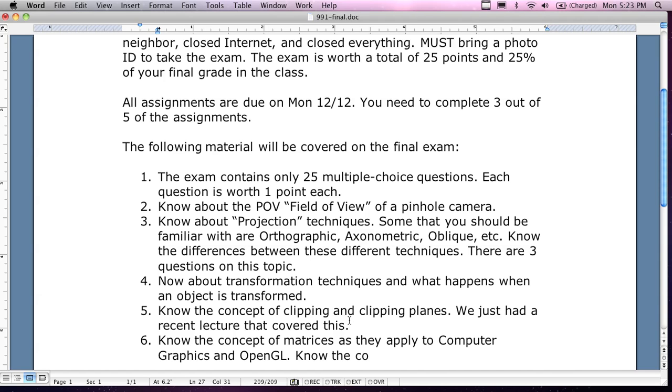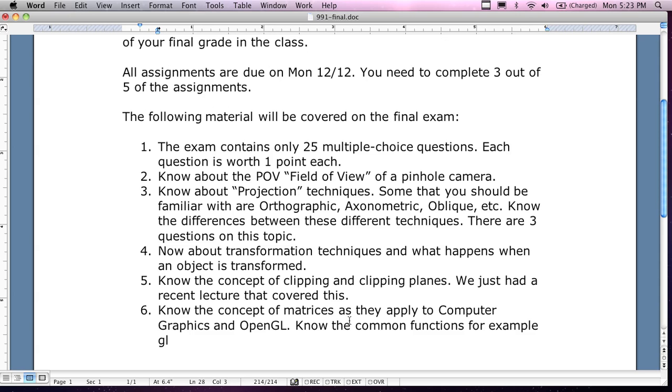Know the common functions. For example, glRotatef, GL model view, GL projection, etc., in terms of the matrices.